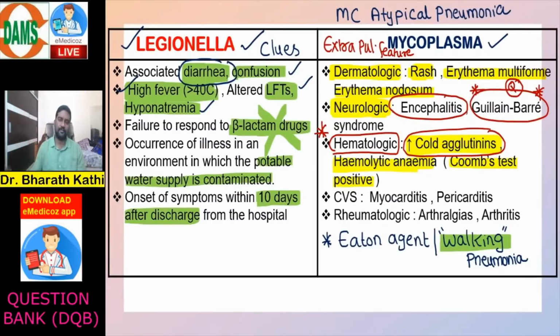It will be positive. And cardiac manifestations in the form of myocarditis, pericarditis, and within the joints there can be development of arthritis and results in pain in the joints, arthralgias. These are the important extrapulmonary features of Mycoplasma.